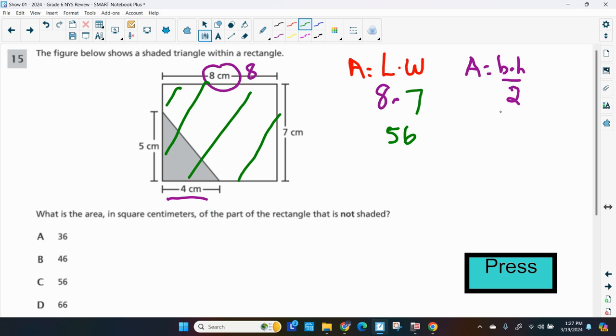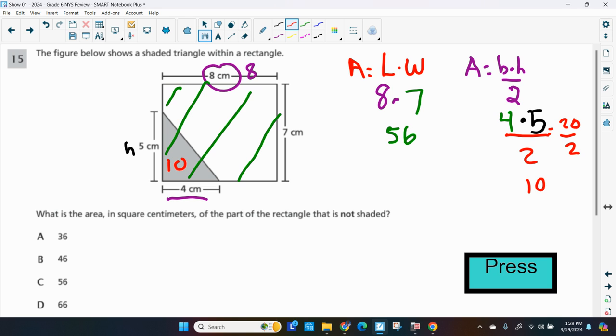And I'm going to multiply that by the height of the rectangle, and that's 5. And then I'm just going to divide it by 2. Well, 4 times 5 is 20. And I'm going to divide that by 2. 20 divided by 2 is 10. So this shaded triangle is 10 square centimeters.